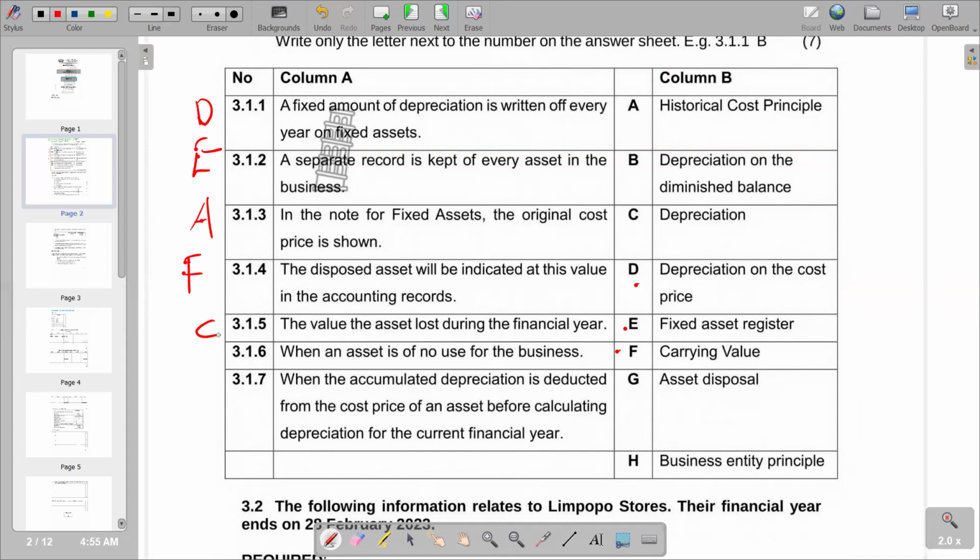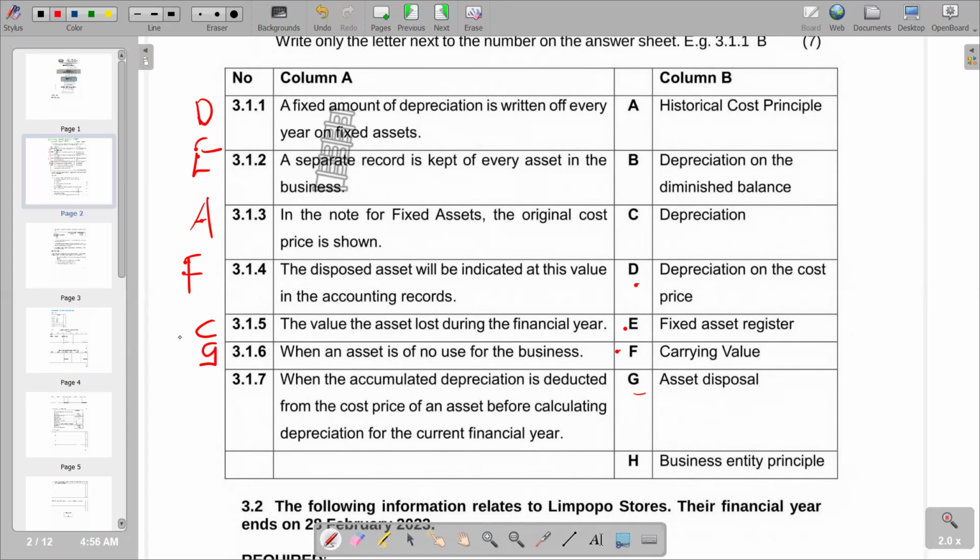And then 3.1.6, when an asset is of no use for the business, we check again. If you go to G, that's asset disposal. Disposal is when a non-current asset is being sold. That's when we open a disposal account. So asset disposal is the perfect fit for 3.1.6.